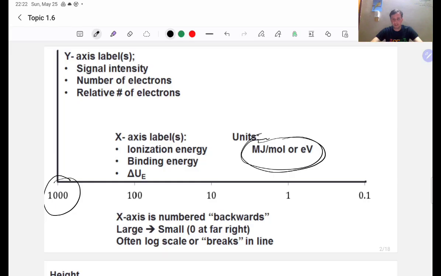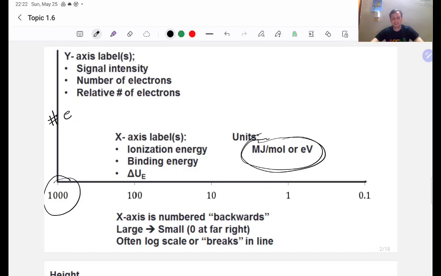But basically, the bigger numbers are on the left. That means the electrons with a stronger attraction to the nucleus are further to the left on the graph. And then the y-axis is representing relative number of electrons.